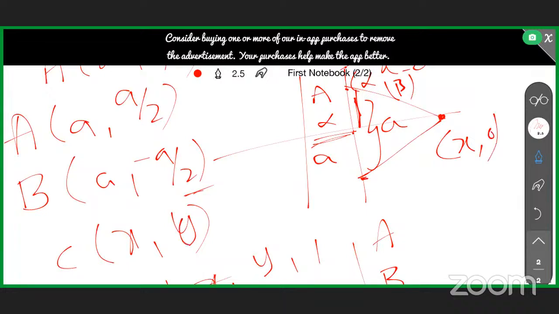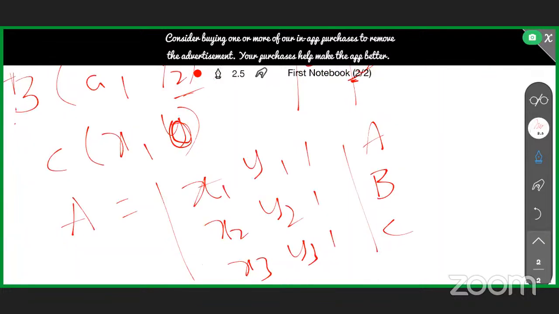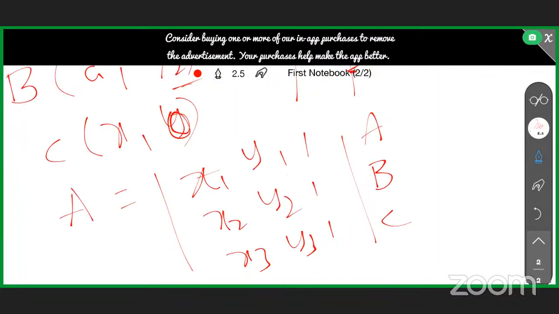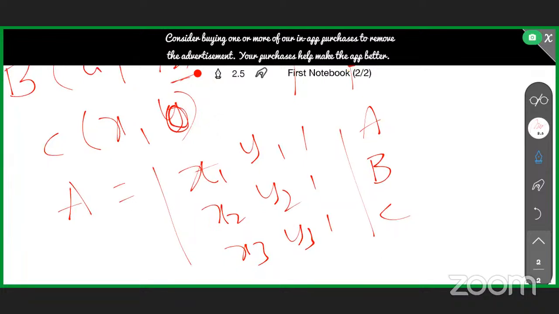Therefore, this will become x comma 0. So we'll get an equation in the form of x and a. Simplify, and we'll get one straight line equation.